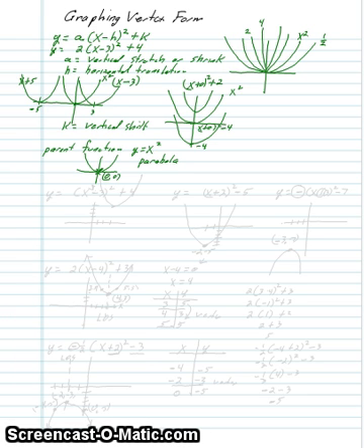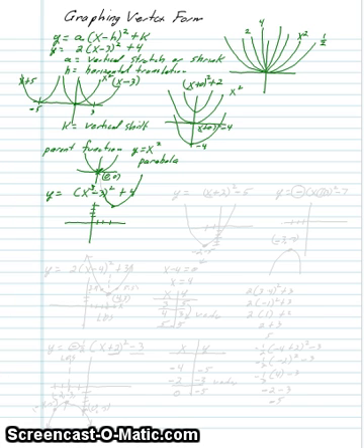So here's some examples. We have y equals (x minus 3) squared plus 4. So the x moves right 3. This right here, we're always going to move opposite that sign. So we're going to move the vertex over 3 and up 4.